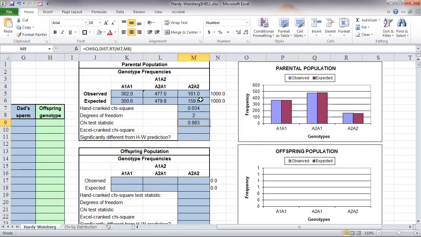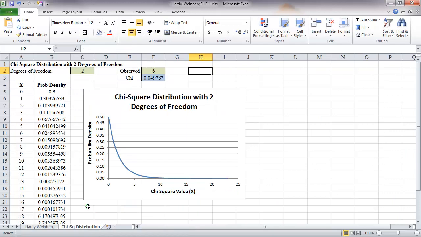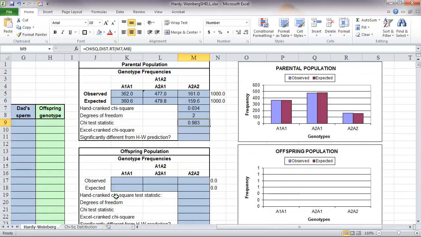We see that this particular result is very, very low. In fact, it's falling way over here toward this portion. And so we would conclude that this population is not different from the Hardy-Weinberg prediction.